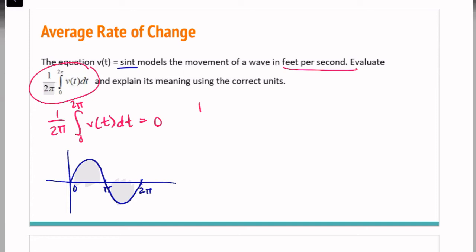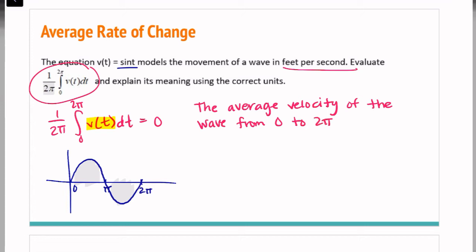So the average velocity, remember, averages always align directly to what's inside that integral. The average velocity of the wave from 0 to 2 pi seconds is 0 feet per second.